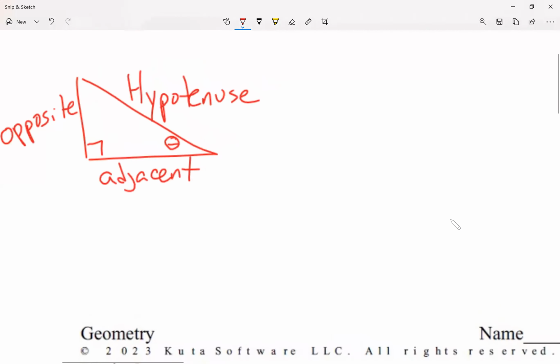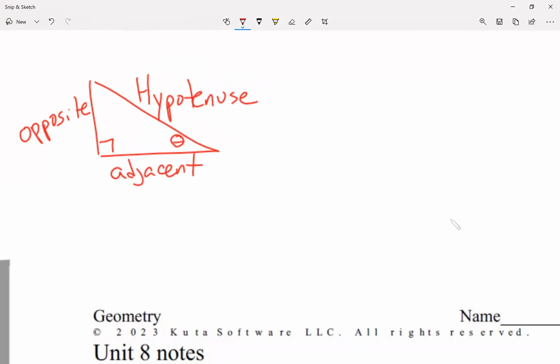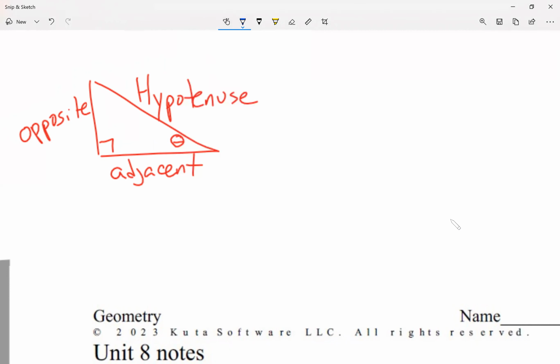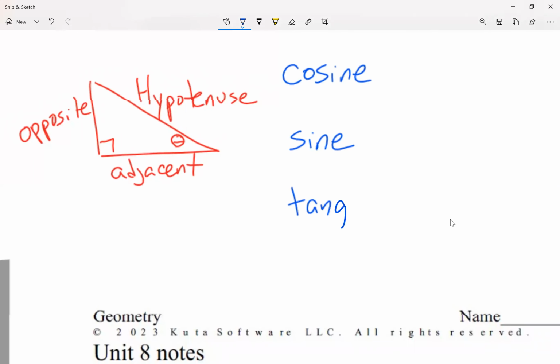Now, there are 6 ratios we're going to learn. One of them is called cosine. The other one is sine, and the other one is called tangent. We're going to abbreviate each of these using the first 3 letters.